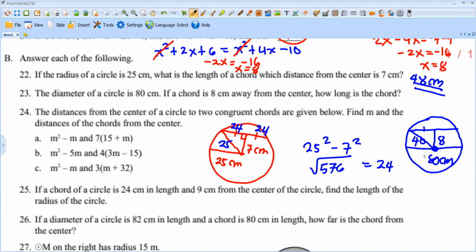So we have 40 squared minus 8 squared, and the square root of the answer is 16 square root of 6, or 39.2. So this alone is 39.2. Multiply by 2: 39.2 times 2 gives 78.4 centimeters.